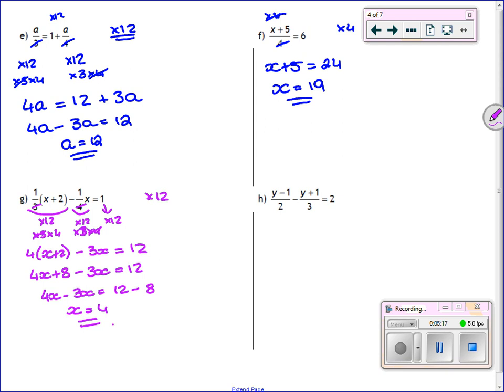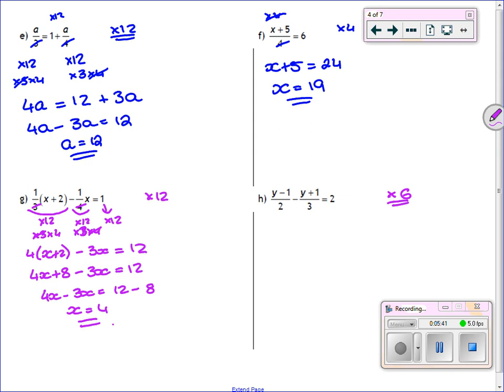And the last example here, we've got y minus 1 over 2 minus y plus 1 over 3 is equal to 2. So again, we have two fractions. Lowest common multiple of 2 and 3. I'm going to multiply everything here by 6. So multiply the first fraction by 6.